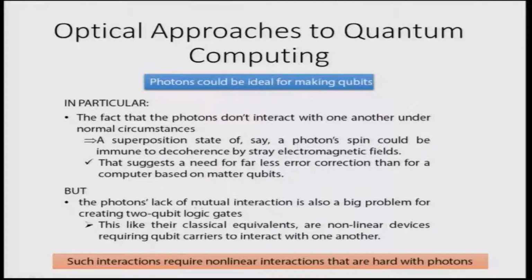But the photons' lack of mutual interaction is also a big problem for creating multiple qubit logic gates. Like the classical equivalents, these are nonlinear devices requiring qubit carriers to interact with one another. Such interactions require nonlinearities that are hard with photons. So, these are the pluses and minuses of using photons for a quantum computer.